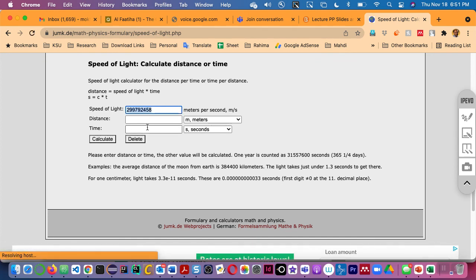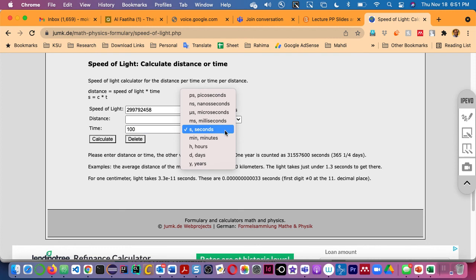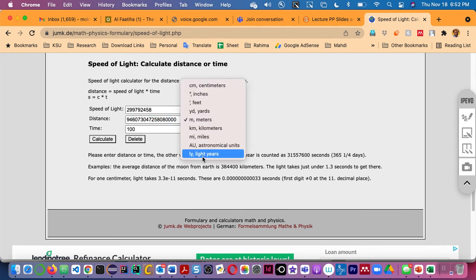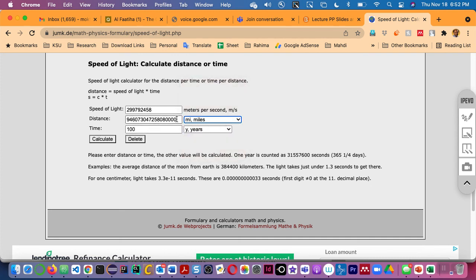And then we say time, maybe 100 years. Then we want to see distance, how far light goes. An event 100 years ago, how far does it go? Make it miles. It's a deterministic number, right? Still a constant number, not that much.